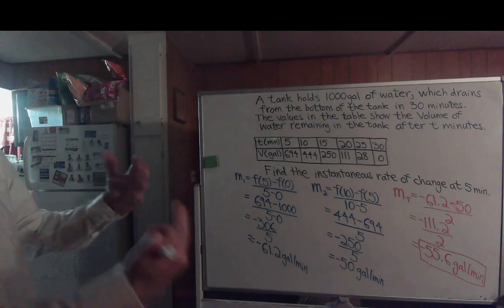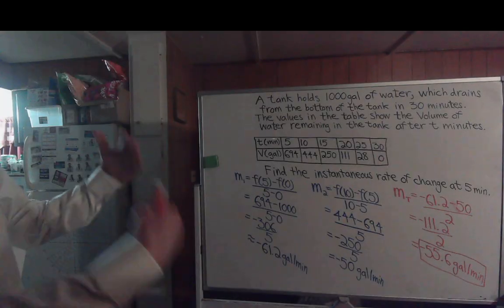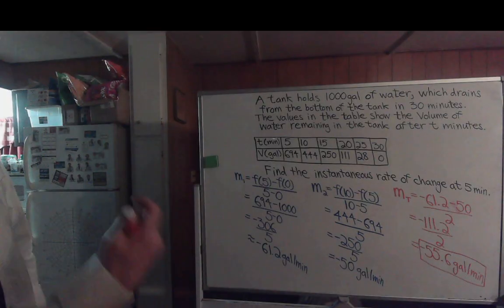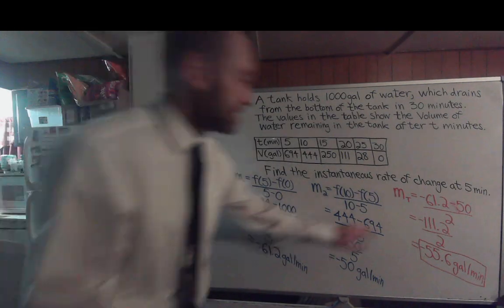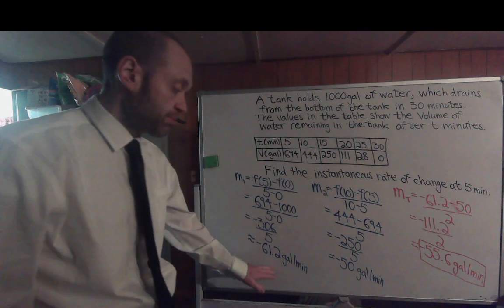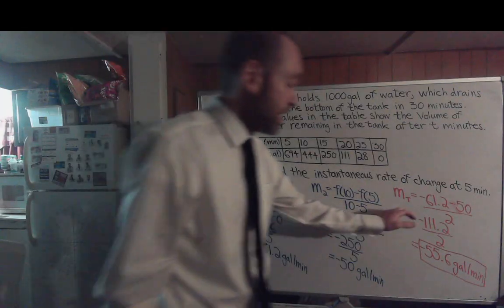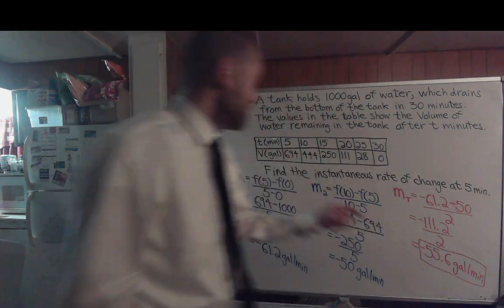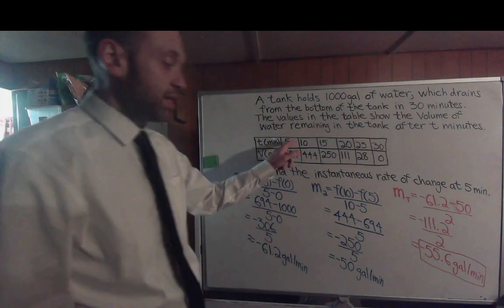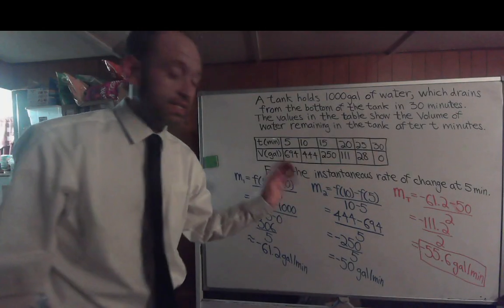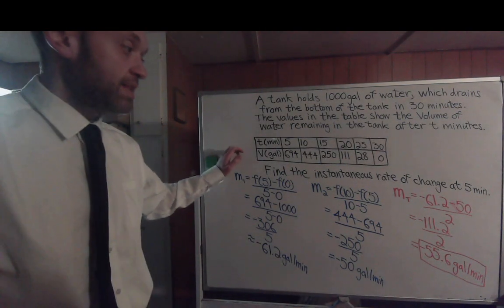We want to take equidistant t values away from 5, so you get an accurate result. Then we found the instantaneous rate of change simply by averaging these two rates of change. And your instantaneous rate of change at time being 5 minutes is about negative 55.6 gallons per minute. That's how much water it's losing at that time.